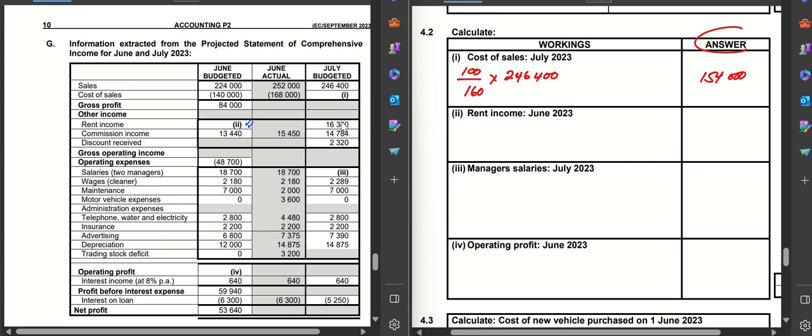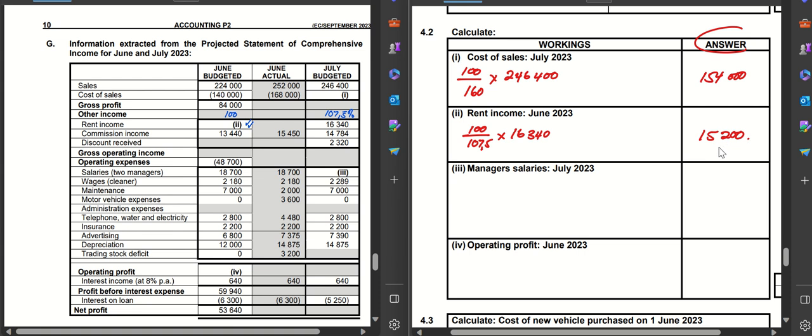So I would say the month in July is now 107.5%, and what you have in June is your 100% before it has increased. In that case, what you want is your 100% before it is increased over 107.5%, that is after increase, and that is 16,340. If you punch that in your calculator, you should get the 100%, which is your 15,200. That becomes your rent income.